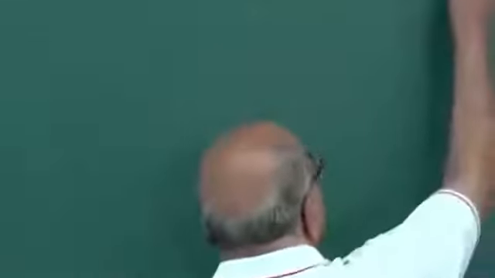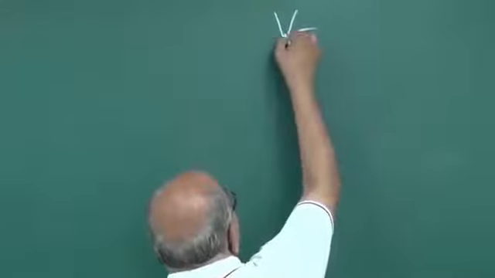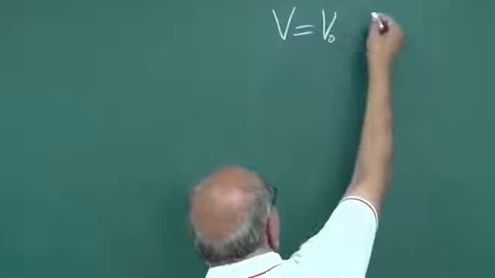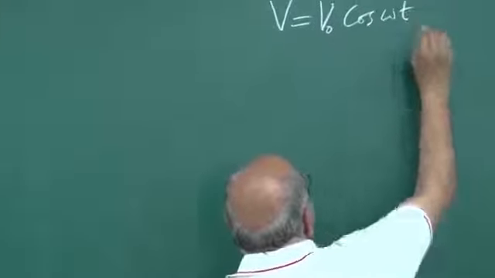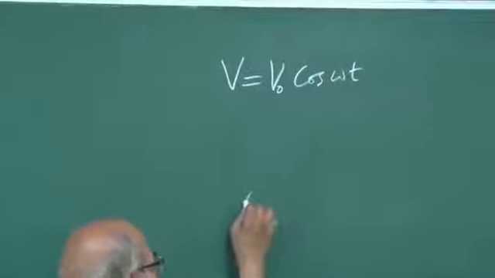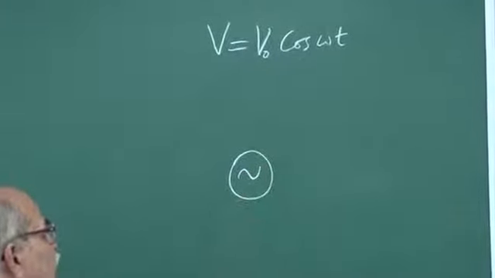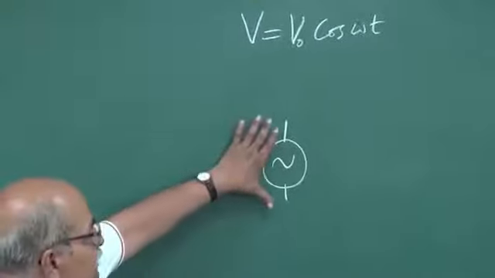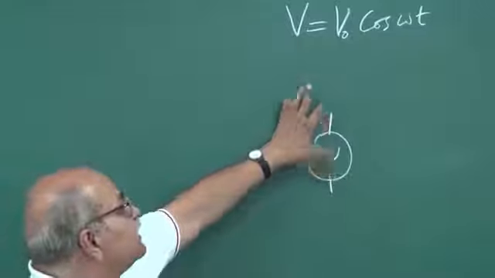AC source means your potential difference V is some constant times cos or sine omega t, like this. And AC sources are shown by this symbol. So you have two ends, and the potential difference which appears here is this V.